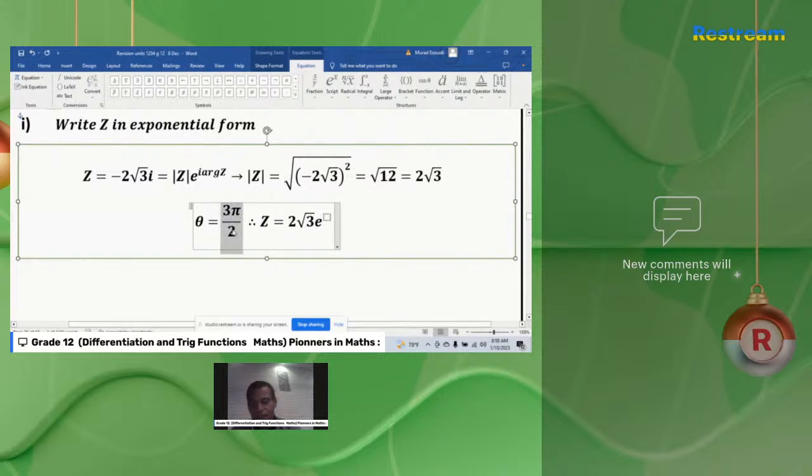Okay, and I will show you how this one works.